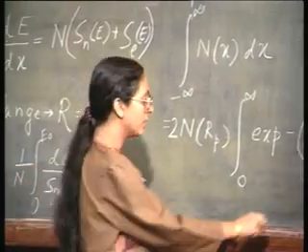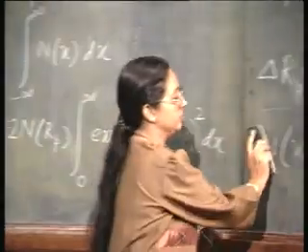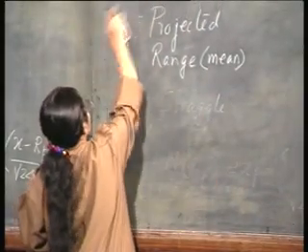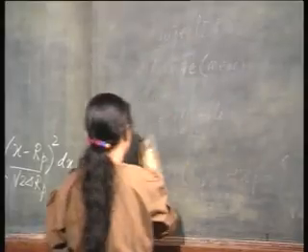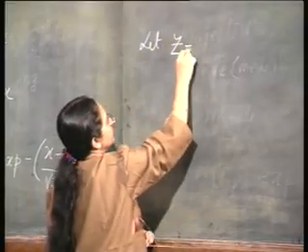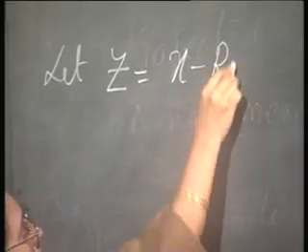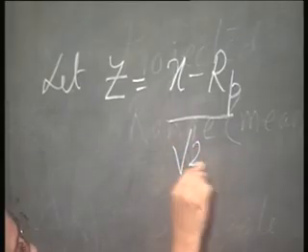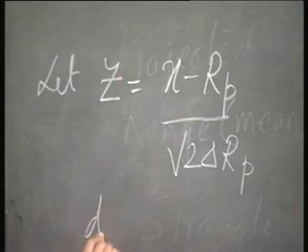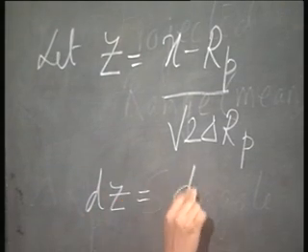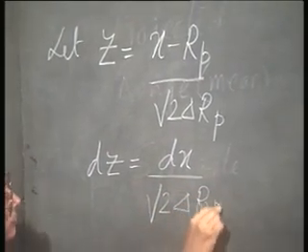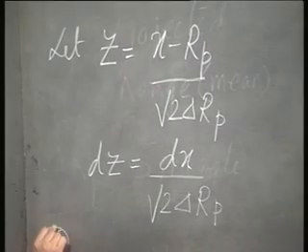Now, I will do some elementary integral calculus. Let us say z equals x minus Rp divided by root 2 delta Rp, so that dx becomes root 2 delta Rp dz, and therefore the dose becomes equal to this.